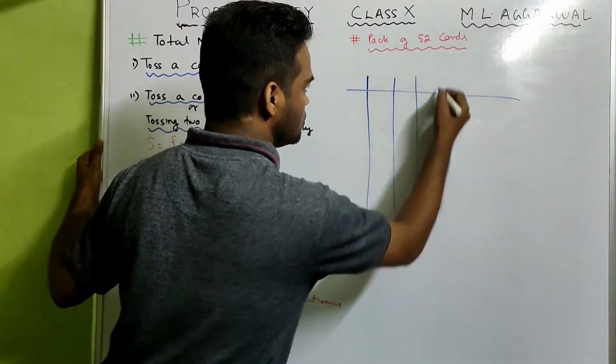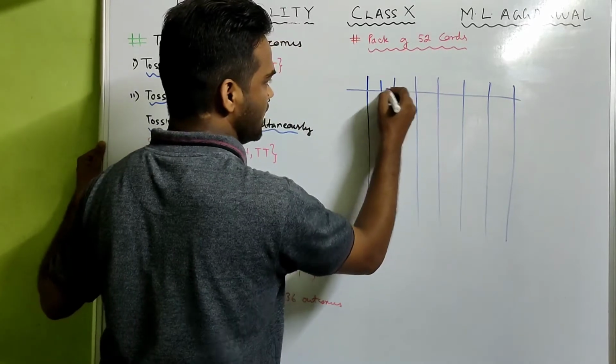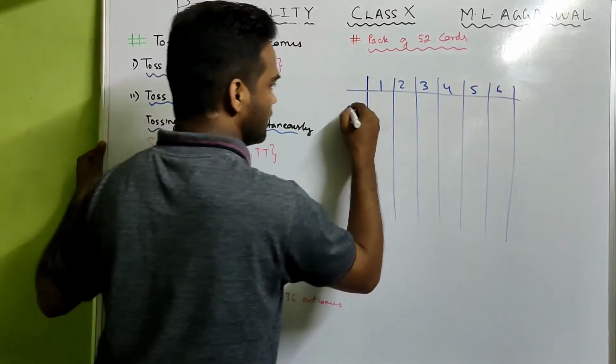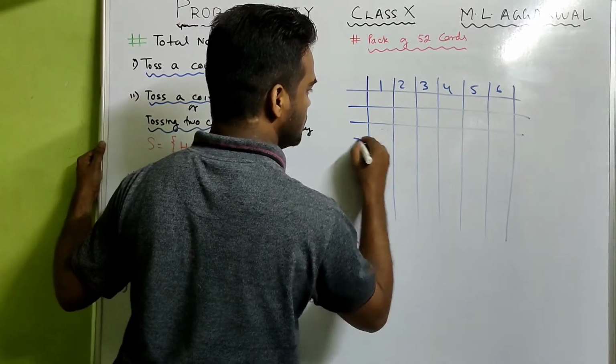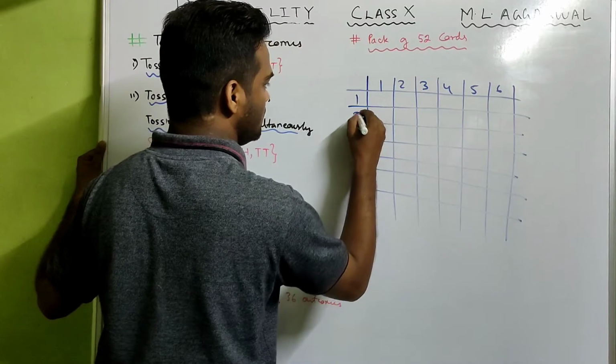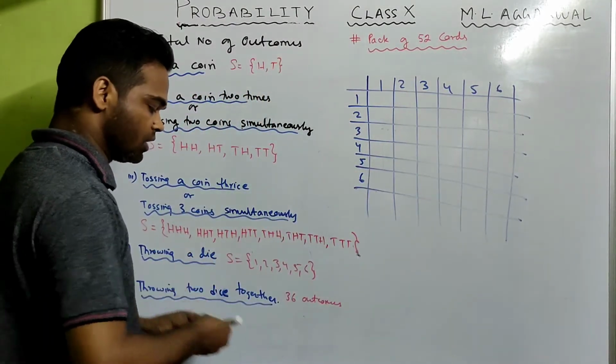1, 2, 3, 4, 5, 6 for the first die, and 1, 2, 3, 4, 5, 6 for the second one. Now the outcomes.